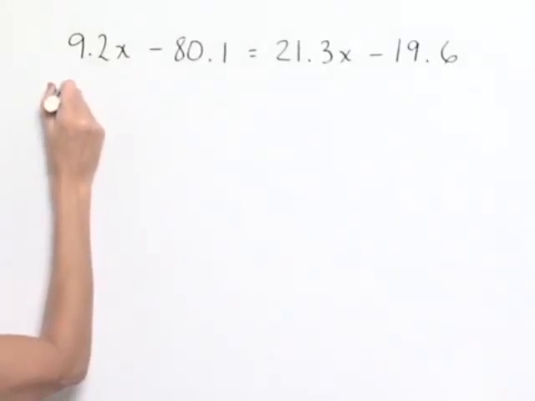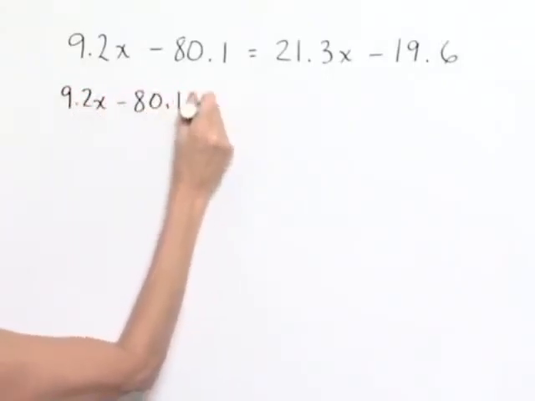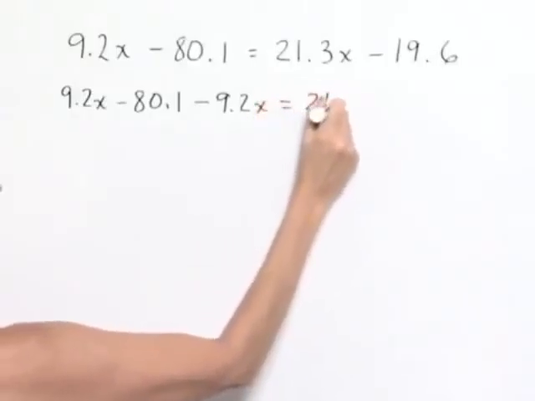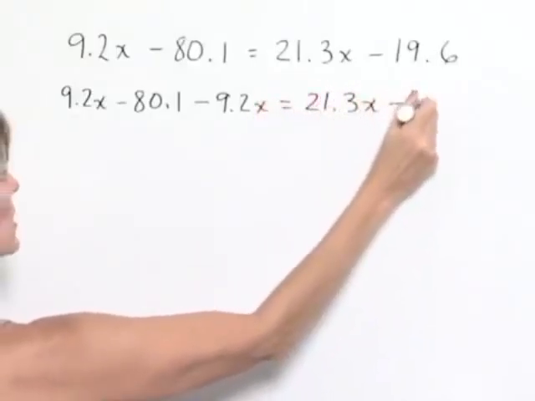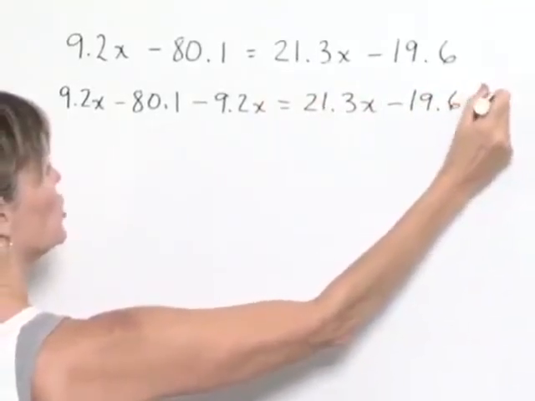So that means we're going to have 9 and 2/10 x minus 80 and 1/10 minus 9 and 2/10 x equals 21 and 3/10 x minus 19 and 6/10 minus 9 and 2/10 x.